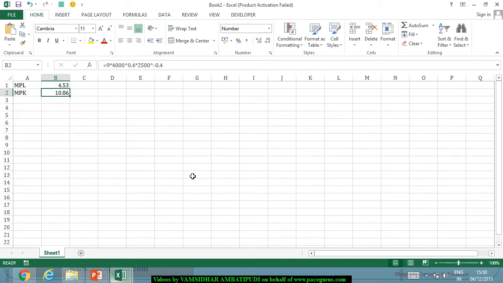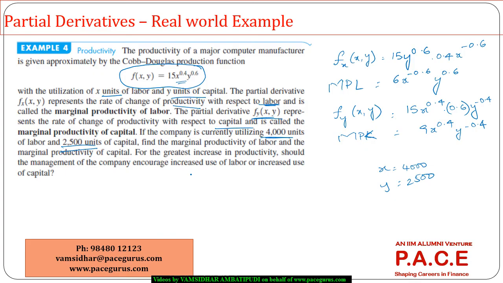So I could see that the marginal productivity of the capital is much higher compared to the marginal productivity of the labor. Marginal productivity of the labor is 4.53, whereas the marginal productivity of capital is 10.86. For the greatest increase in the productivity, should the management of the company encourage increased use of labor or increased use of capital?